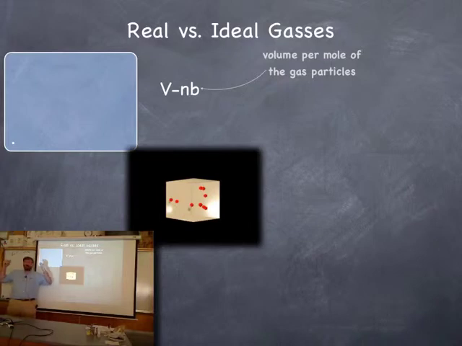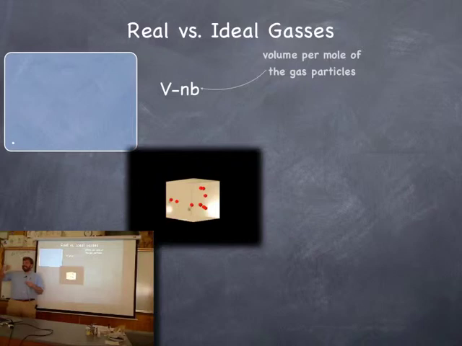So in our ideal gas law, they hit and they bounce off. In the real gas, they hit and they're attracted to each other, so they might change their direction. They're going to be attracted more towards each other than the outside walls of the container. So the pressure that we measure is actually lower than the idealized pressure would be.